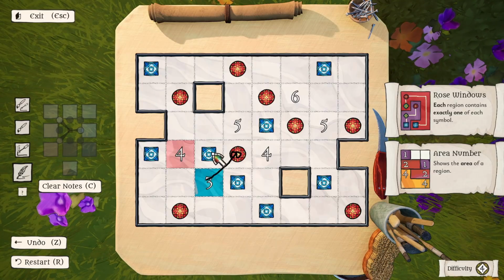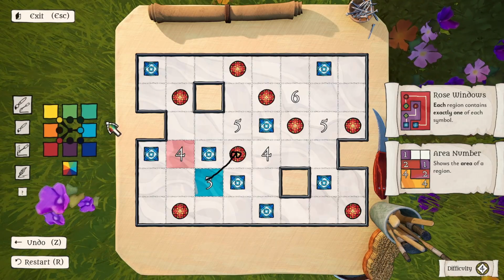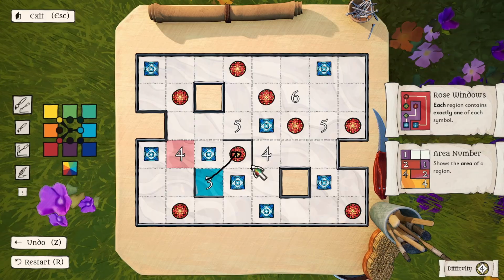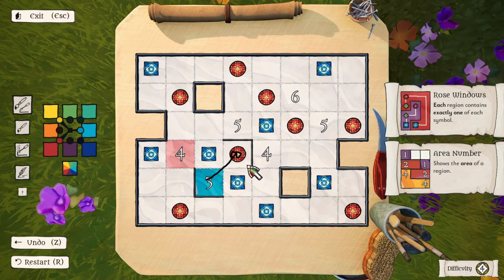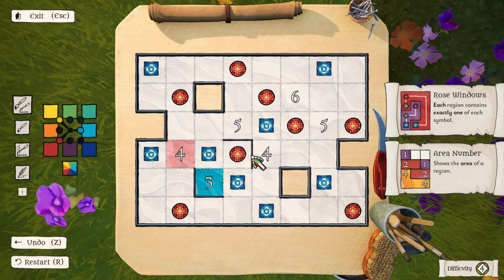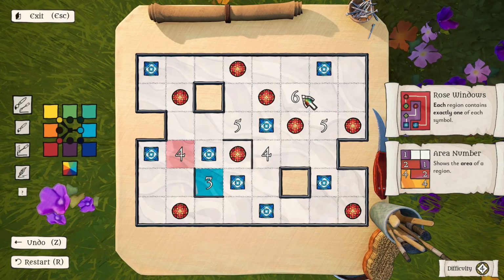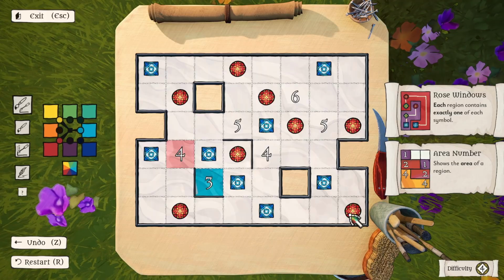I don't know if it takes that or that, but it does take that. Okay. This, let's see. The 6 has a lot that it can do.